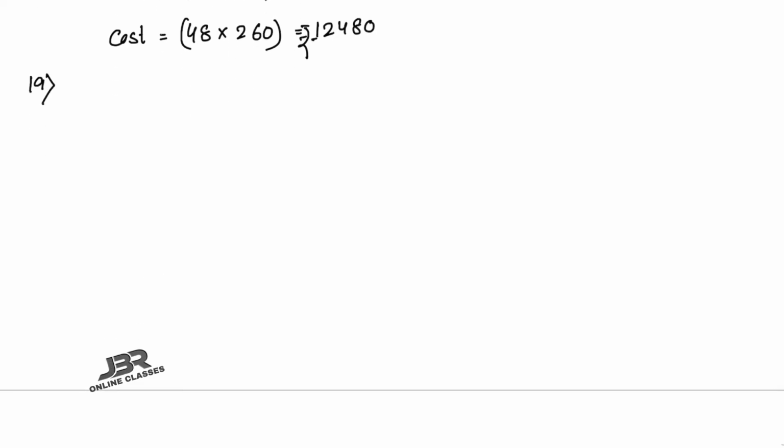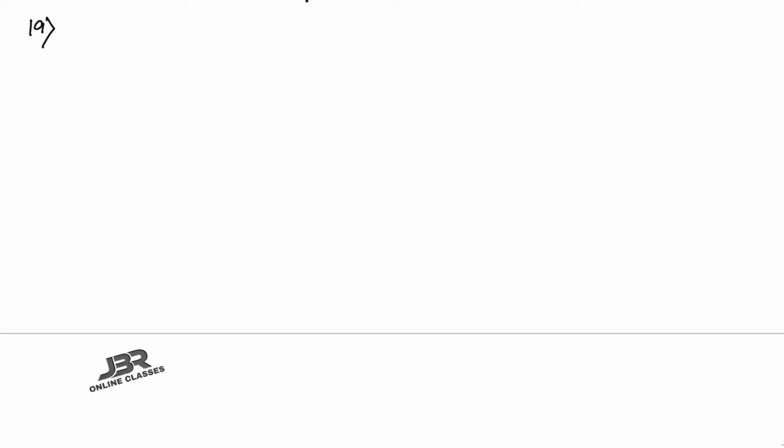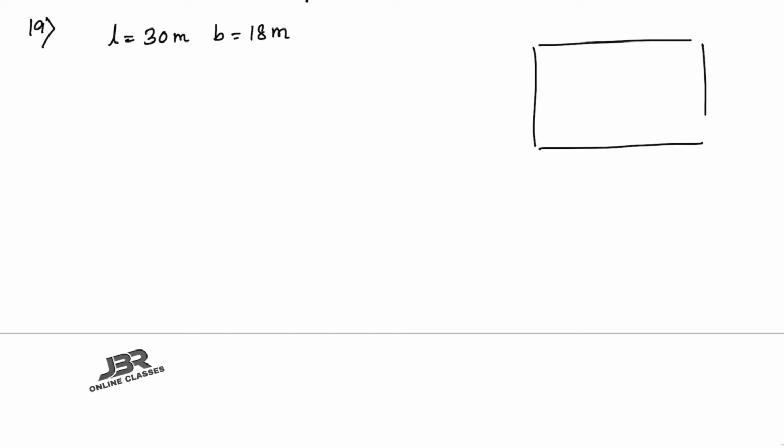Next, number 19. A field is 30 meter long and here 18 meter broad. A pit 6 meter long, 4 meter wide and 3 meter deep is dug out from the middle of the field. So that one here, a field, it's 30 meter long, 18 meter broad, and here the pit means a hole.